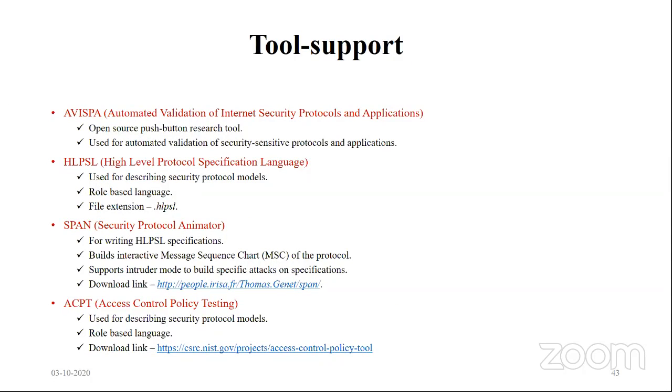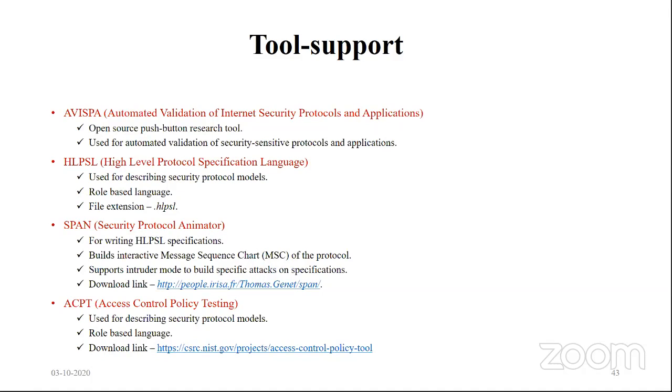So to implement the scheme, we were dependent on some tool support. We made use of Avispa, which is Automated Validation of Internet Security Protocols and Applications. The tool is a push button research tool in which you can define your own security sensitive protocols and applications. For that, there is a language provided by the tool, which is a high level protocol specification language.